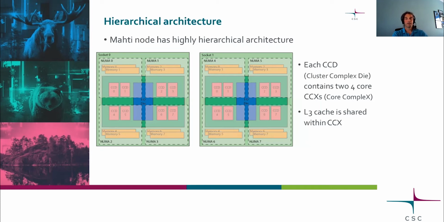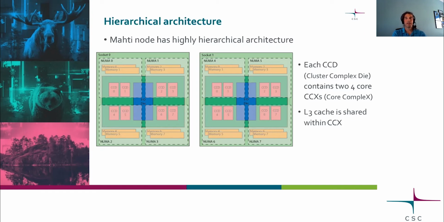The Mahti node contains 2 sockets, and so in each socket you have one CPU, but memory-wise, each socket is then divided into 4 different memory domains. So these non-uniform memory access NUMA domains.